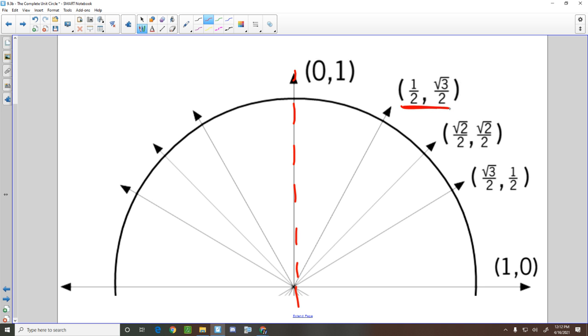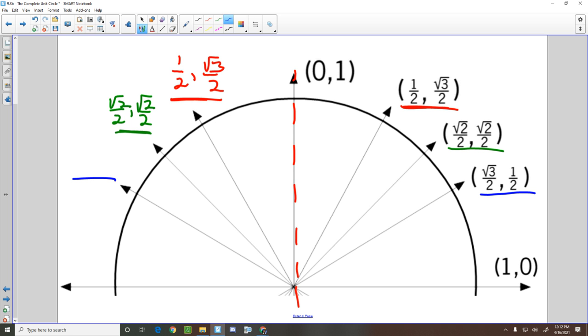So like this coordinate that's up here would match up with this angle right here, right? If you folded them together, they would lie on top of each other. So you write those same values, the 1/2, comma, root 3 over 2. That next angle down would be the next angle down over here. That's the root 2 over 2, comma, root 2 over 2.